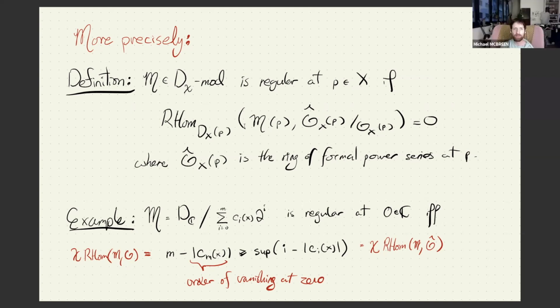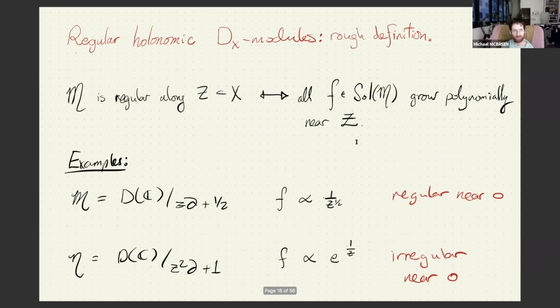In other words, Hom from your module into formal power series modulo convergent power series vanishes. And below there, I wrote down a criterion in the one-dimensional case for being regular. Let me not go through it now, but it just generalizes these two previous examples.